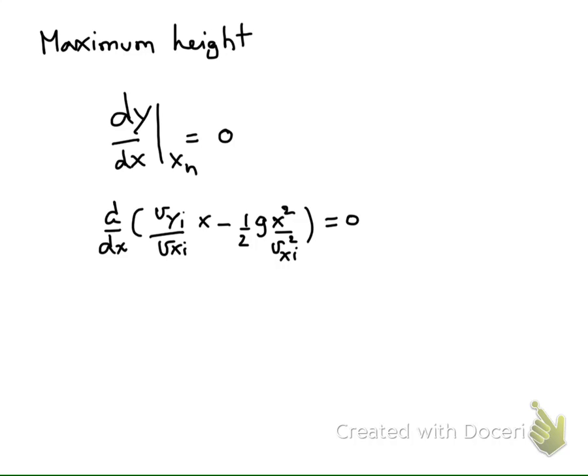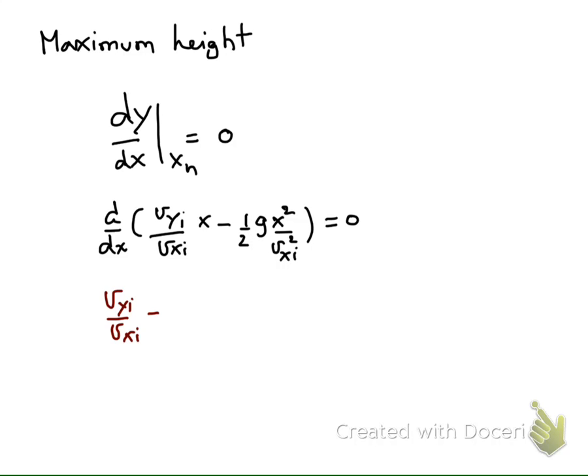When you perform the derivative, we have vyi over vxi minus, for the x square term, a 2 in front of this term that will cancel with this half.